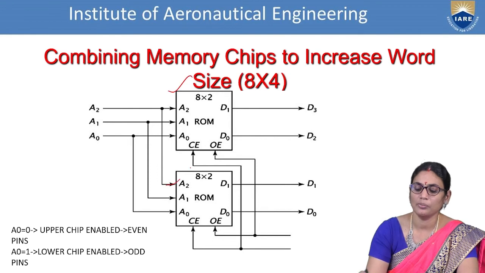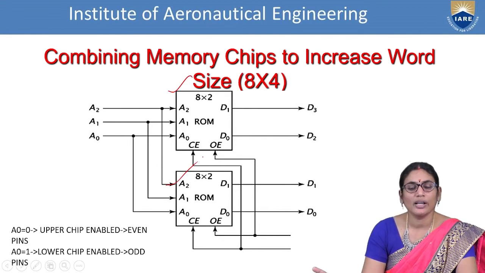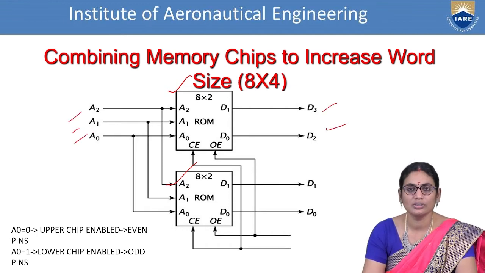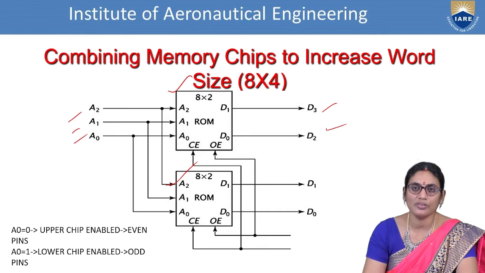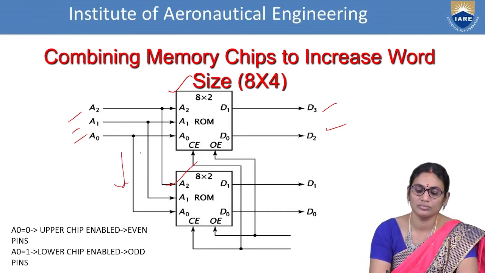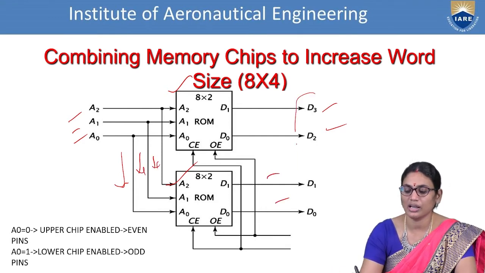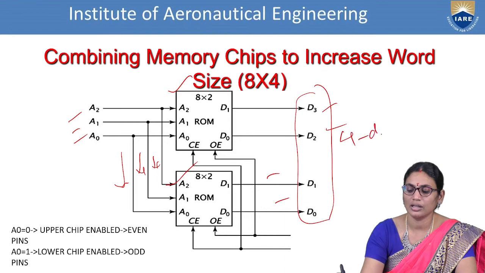The single 8 by 2 ROM chip works with 3 address lines and 2 data lines. The second ROM chip has the same 8 by 2 organization, 3 address lines and 2 data lines. So together we have 4 data lines.